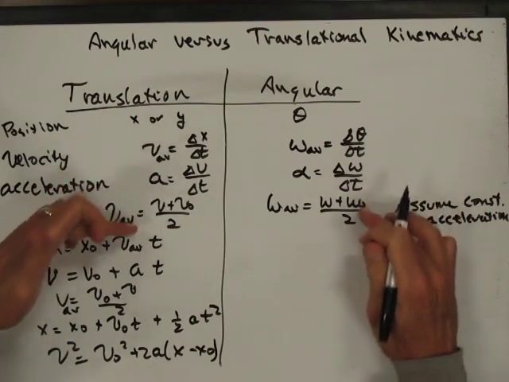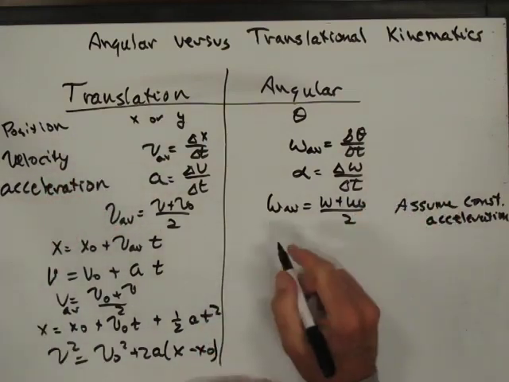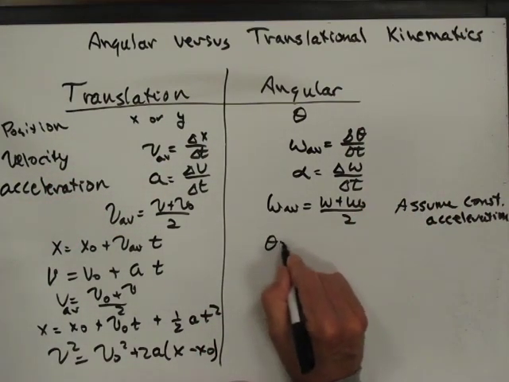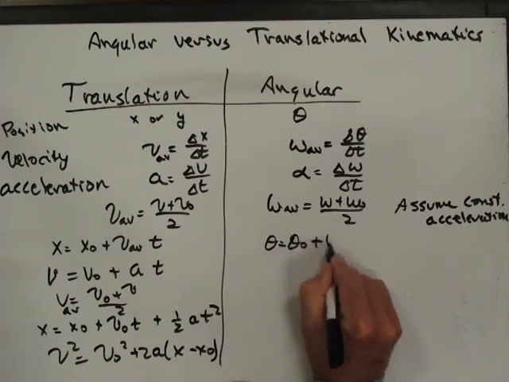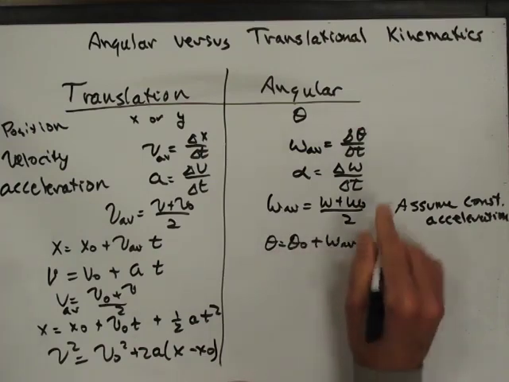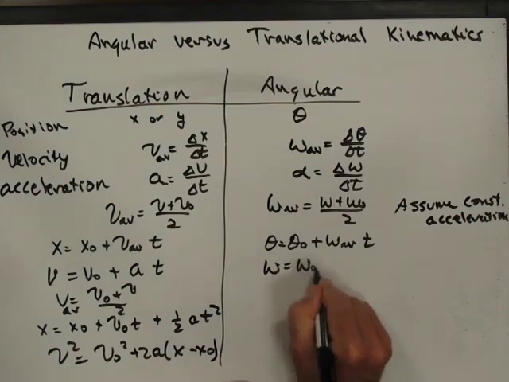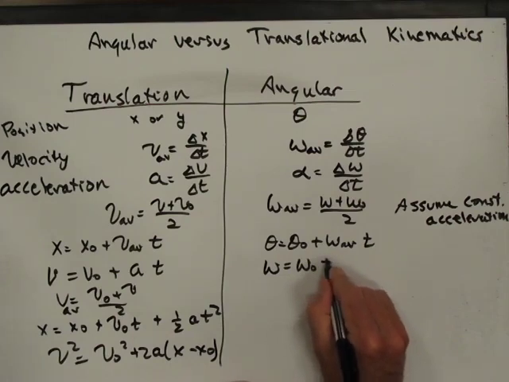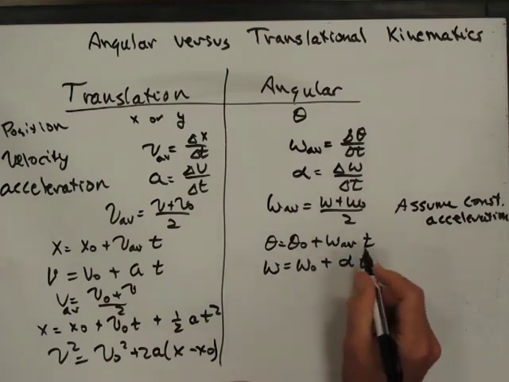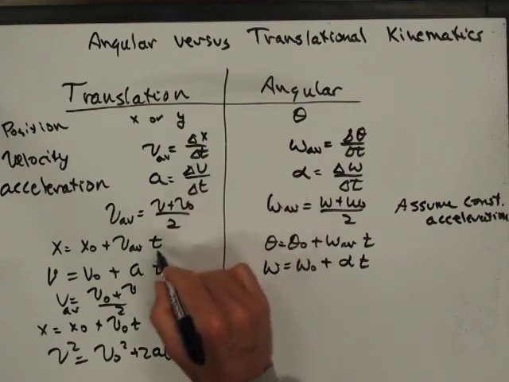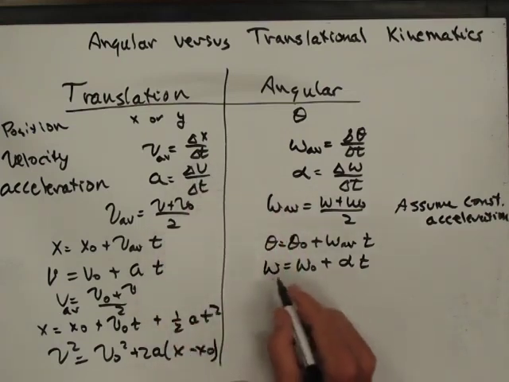Well, since these equations are the same, we can write down the exact same equations here. I can say theta is equal to theta naught plus omega average times time. That's just rearranging this one. And then I can say omega is equal to omega naught plus alpha times time, right? Where here I've replaced delta t with t, just like we did for kinematics.